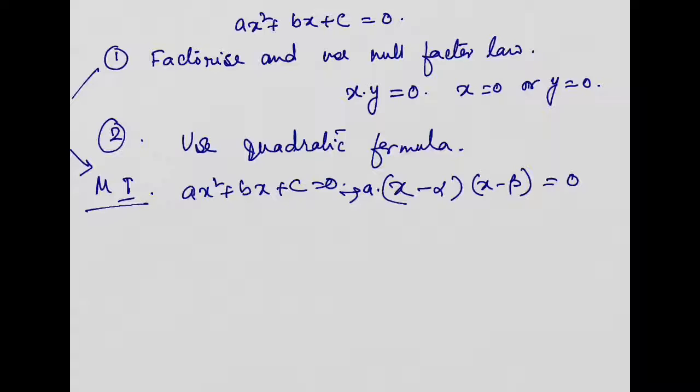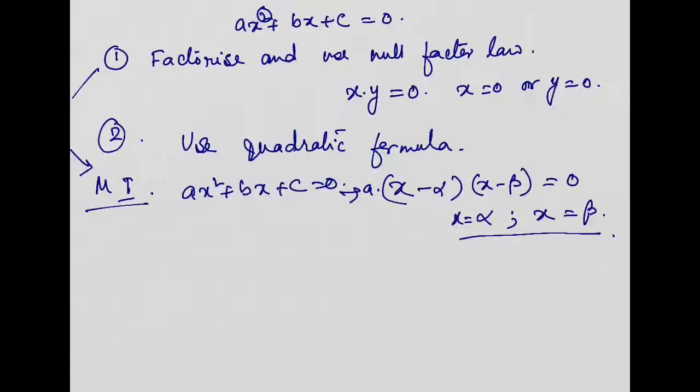Then I have two solutions for x: x equals alpha and x equals beta. And one more thing, as x is to the power 2 in this expression, the quadratic curve can meet the x axis at a maximum of 2 points. So we cannot find more than 2 solutions for a quadratic expression.